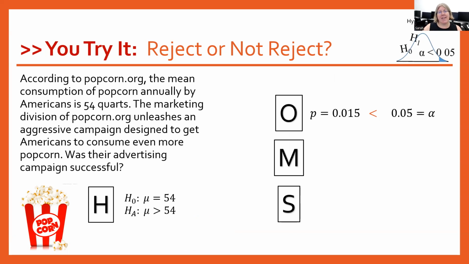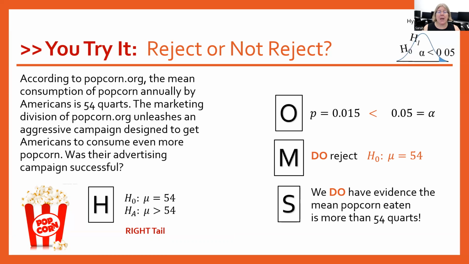So greater than is on that right side of the distribution, which is what tells us we have a right tail test. Our p-value here is 0.015. So as a percent, that would be 1.5%. That is smaller than a 5% alpha. So we do reject the null hypothesis. So in context of this story, we do have evidence the mean popcorn eaten is more than 54 quarts.